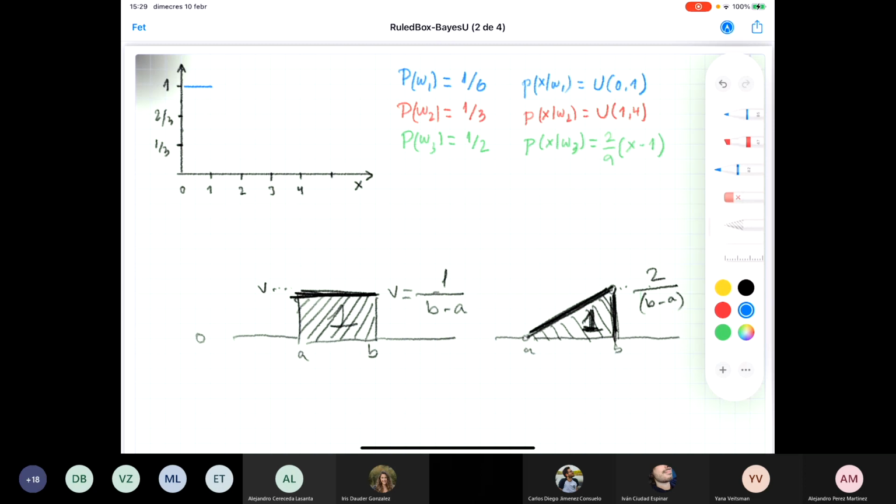So in the second case, between 0 and 4, so this means that, do you agree? This area is 1. This area is also 1.